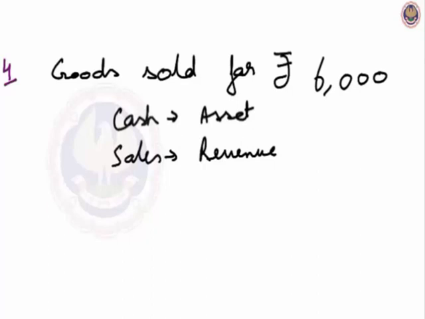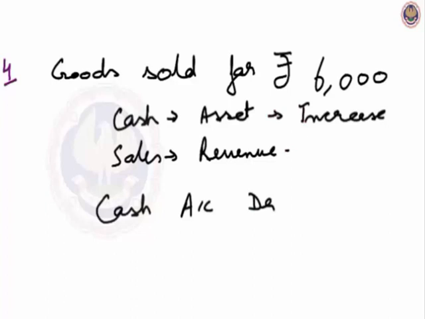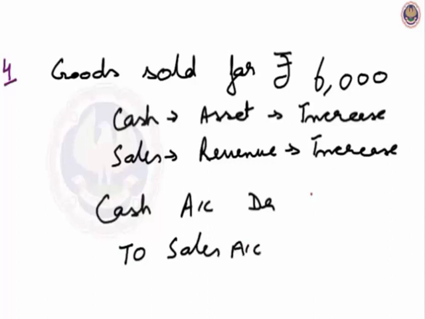When an asset increases, it is always debited. So cash account is debited due to the increase, and sales also increases, so revenue will also increase. When revenue is increased, it is always credited. So the journal entry will be cash account debit to sales account. The amount is 6,000.